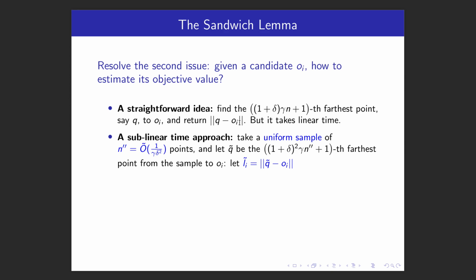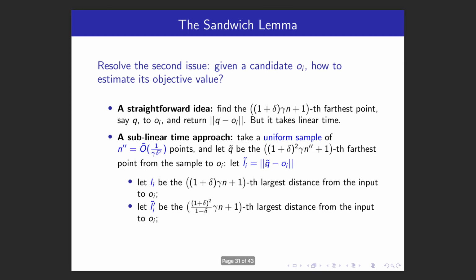So here we introduce the sandwich lemma. We still take a uniform sample first, having the sample size n prime prime. You can see the value of n prime prime is also independent of n and d. And then we take the point q tilde, which is the (1 plus delta squared) times gamma n prime prime plus 1's furthest point from the sample to Oi, and we focus on this distance, Li tilde, which is the distance between q tilde and Oi.